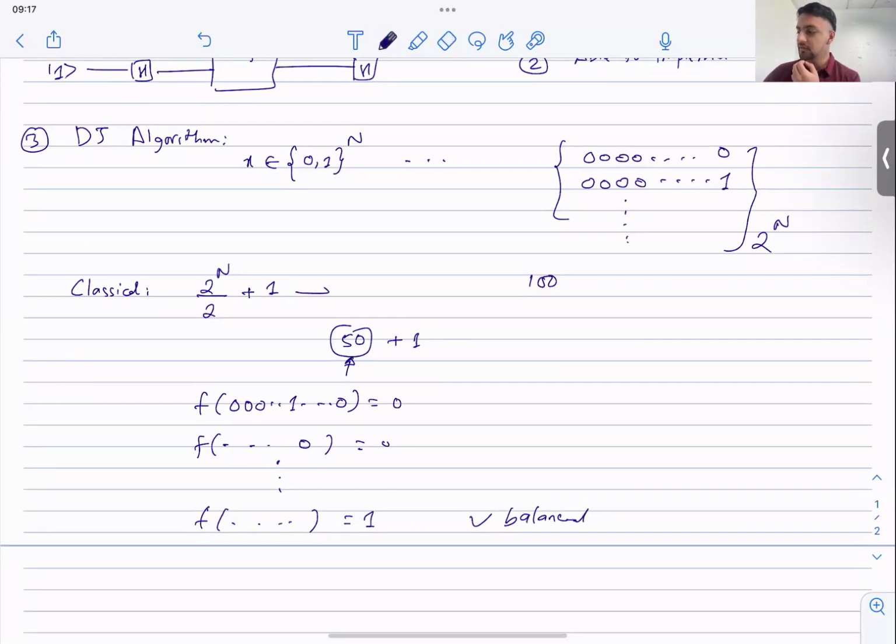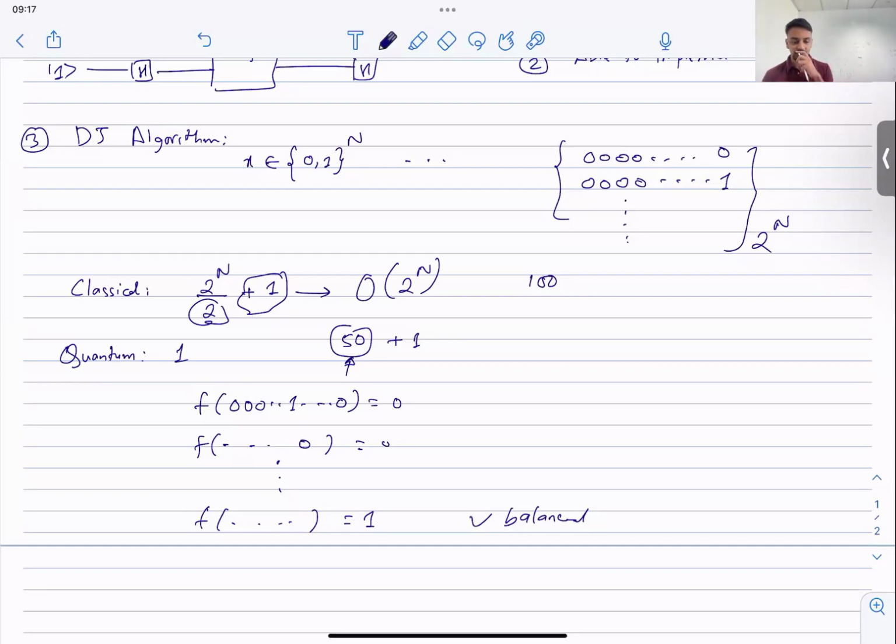Anyway, these constant factors actually don't matter. So this is just big O of 2^n if you want to talk about the complexity, which means it takes exponential in n queries to figure out whether the function is constant or balanced. But in the quantum case, I didn't prove this myself, it only takes 1, right?